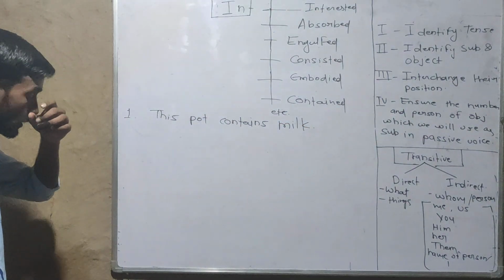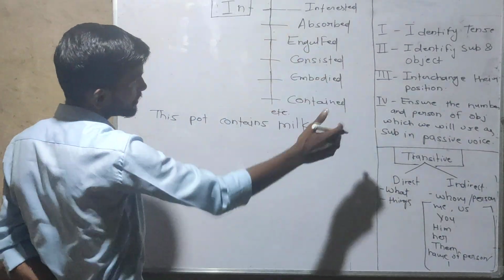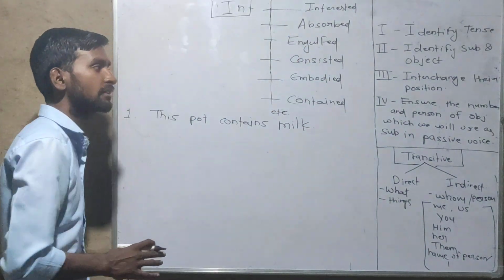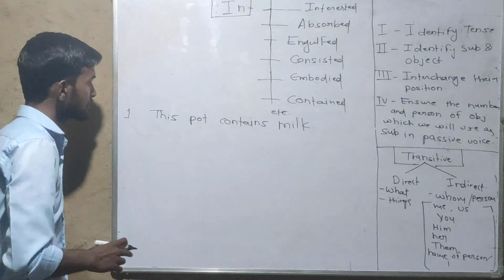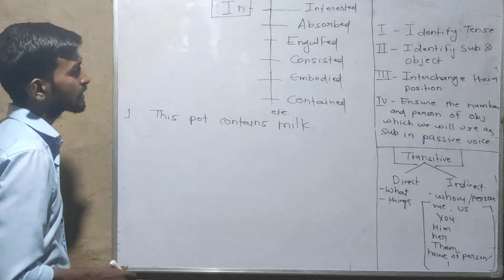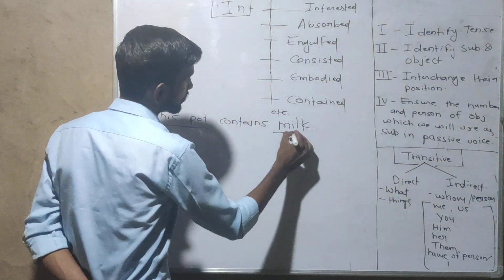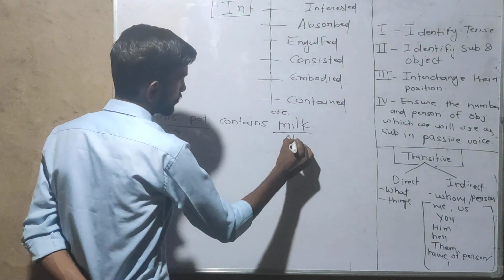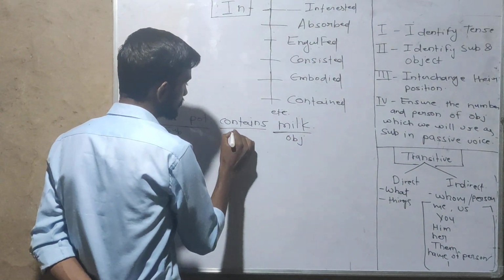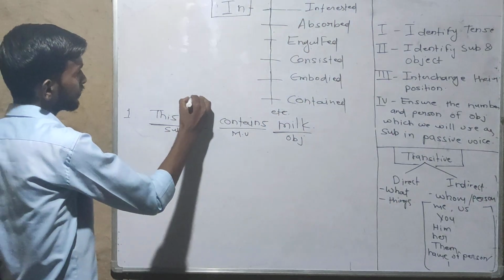Now this is in active voice, and we have to apply these four steps. In the first step we identify the sentence: this is a present indefinite sentence. In step 2 we identify the subject and object. This pot is the subject here and milk is the object, and obviously this is the main verb, and the tense is present indefinite.